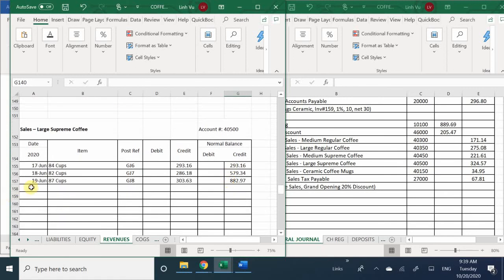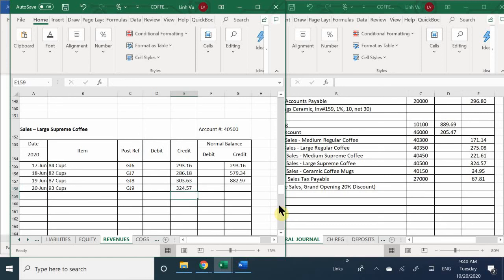Here we have our large supreme coffee. How many cups did I sell? 93 cups. Bringing me a total of 824.57.